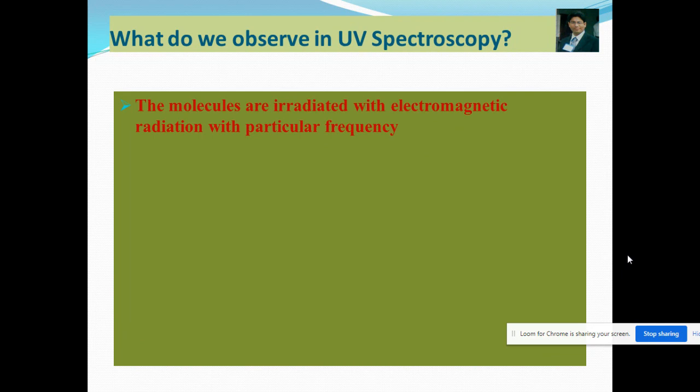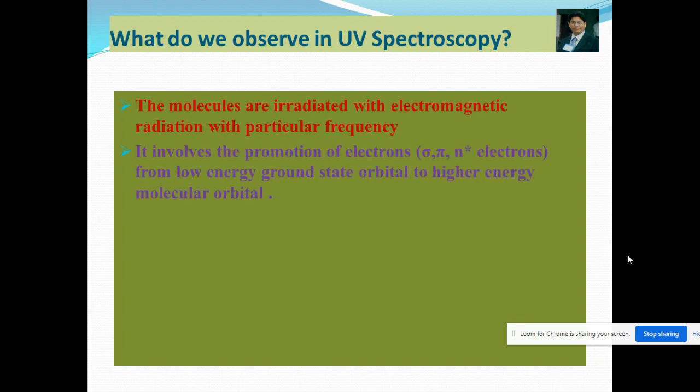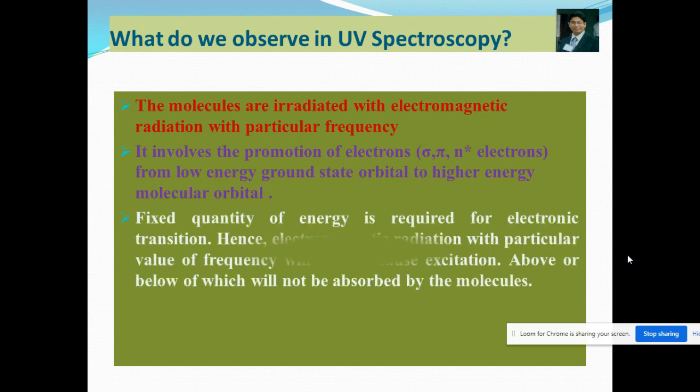In UV spectroscopy, we have seen that the molecules are irradiated with electromagnetic radiation of a particular frequency, and it involves the promotion of sigma, pi, or n electrons from a lower energy ground state orbital to a higher energy molecular orbital, and a fixed quantity of energy is required for the electronic transition.